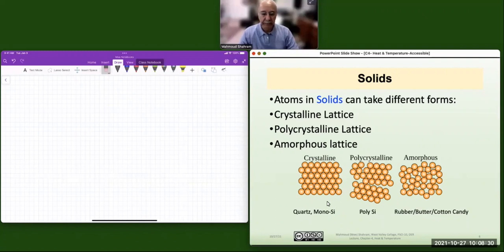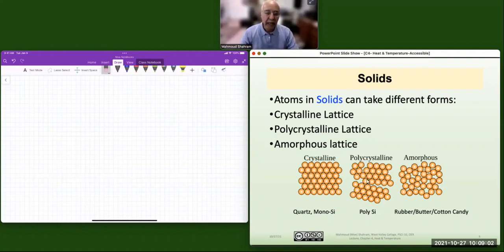For example, silicon is in the form of a crystal, and if you only have pure silicon, atoms and molecules bind next to each other in a very repetitive and orderly manner, and that's called a crystal. Diamond is another example. Quartz. These are one form of the solid.